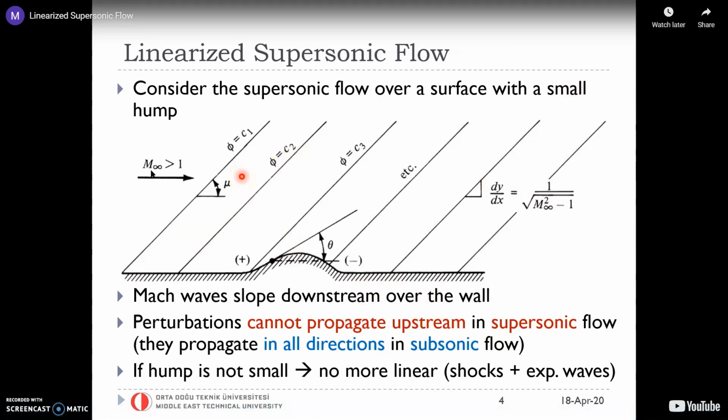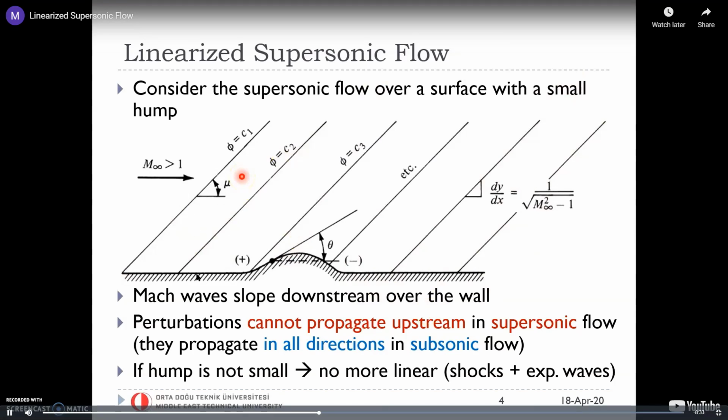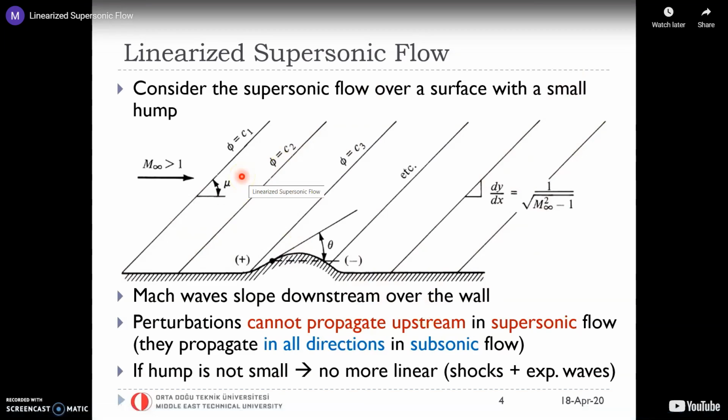And we are trying to solve this problem. No shock waves, nothing. We have these Mach waves. Any disturbance that is created will propagate along the Mach waves, and this flow field is governed by the previous equation that we saw in the video, the linearized version of the potential flow equation.